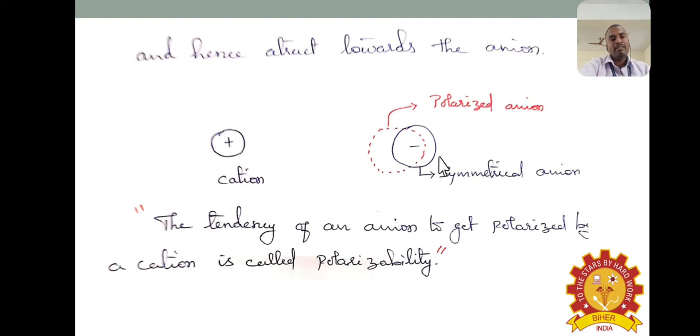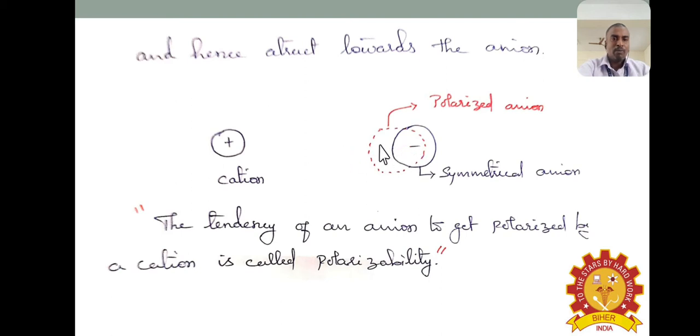You just see here, this is a symmetrical anion. The symmetrical anion has excess electrons. When a cation comes closer to this anion, the electron cloud is withdrawn by this cation. So we see the red colored dotted circle. The electron cloud moves towards the cation.